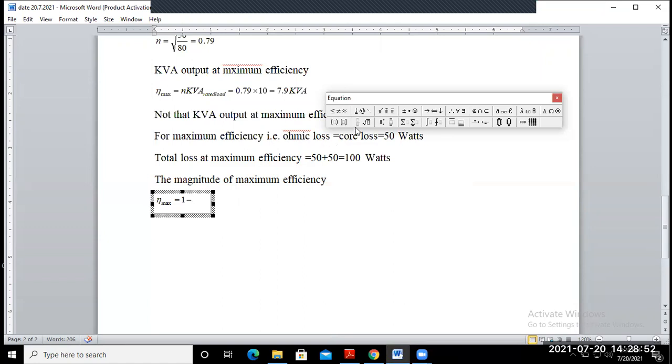So 1 minus, total losses is your 100 watt, and output power at maximum efficiency equals 7.9 kVA.